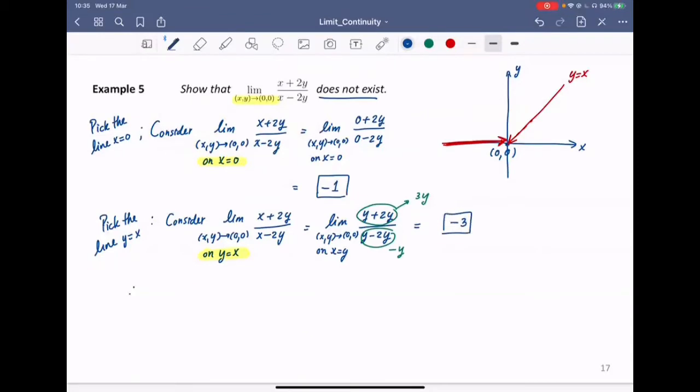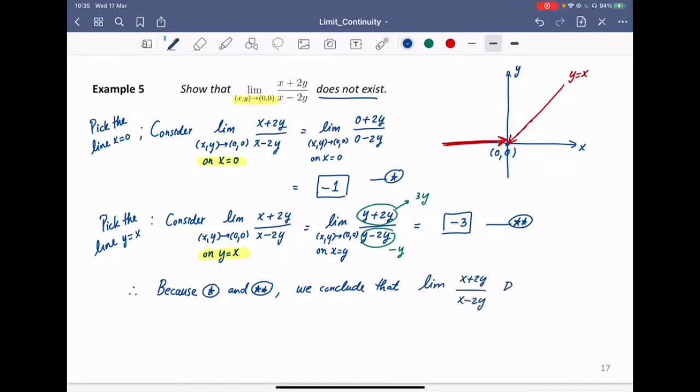Now your conclusion is going to be, because you already found out that the limits along two different curves give you different numbers, star and double star, because the limits on different lines are not equal to each other, we conclude that the limit of the given problem here does not exist as (x, y) goes to (0, 0).